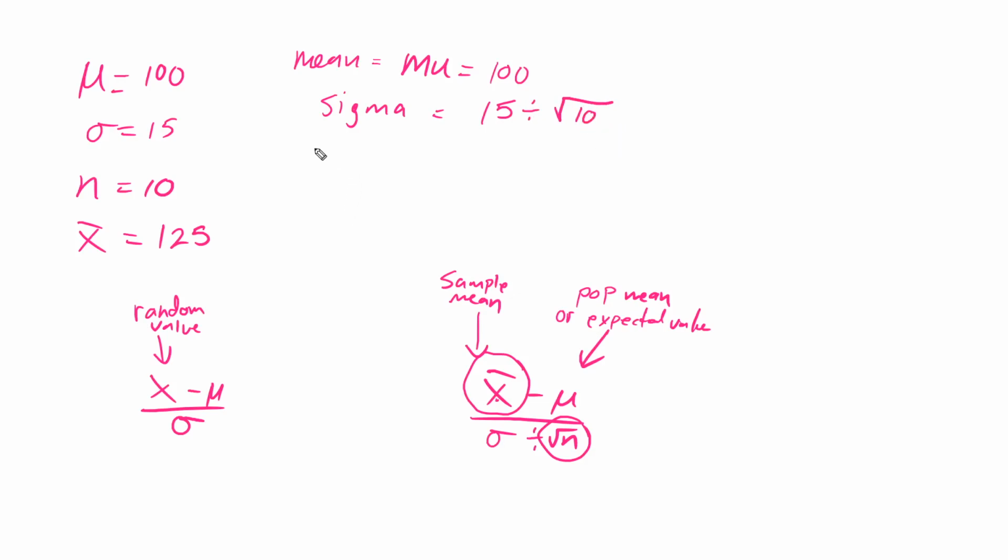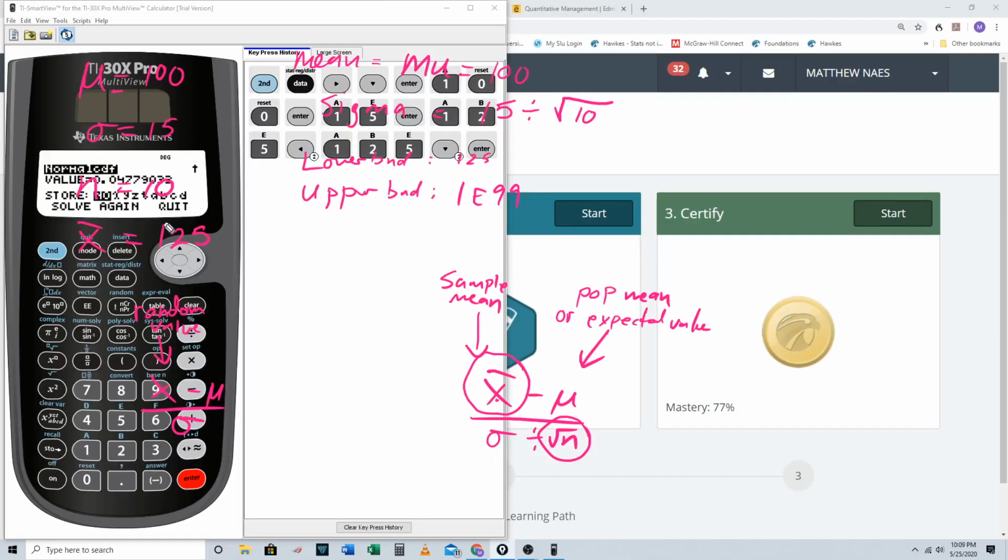And then you're going to change your lower bound again. Lower bound is going to change to 125. And upper bound we leave at 1e99. So that's the change you're going to make. Let's go to solve again.